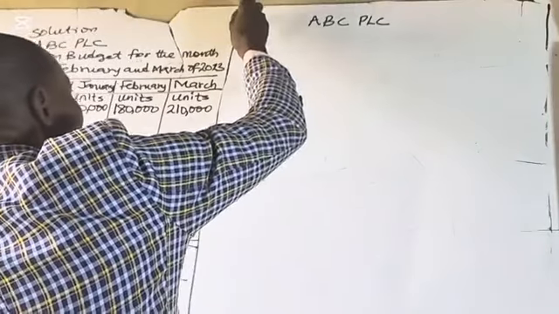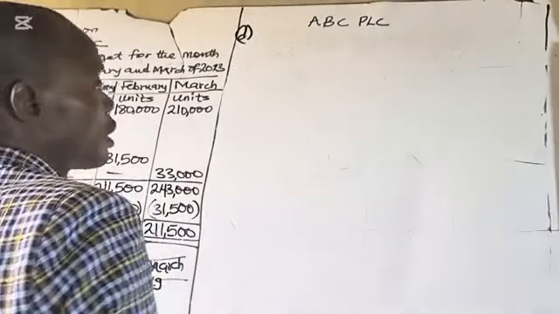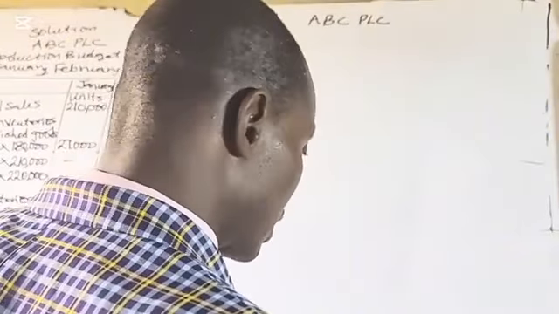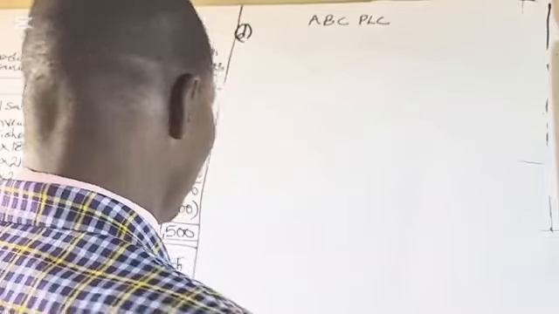In the requirement D, you have to prepare the budgeted profit and loss account for the 3 months period.